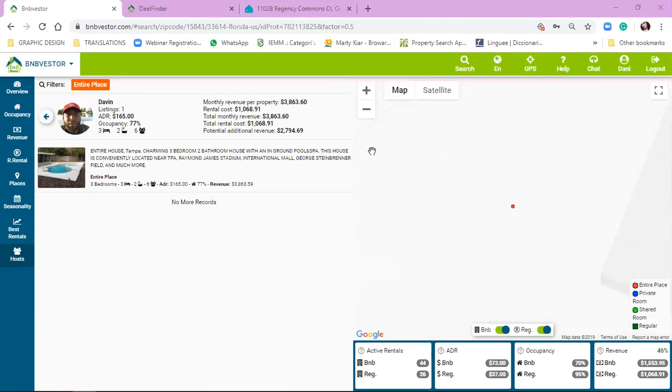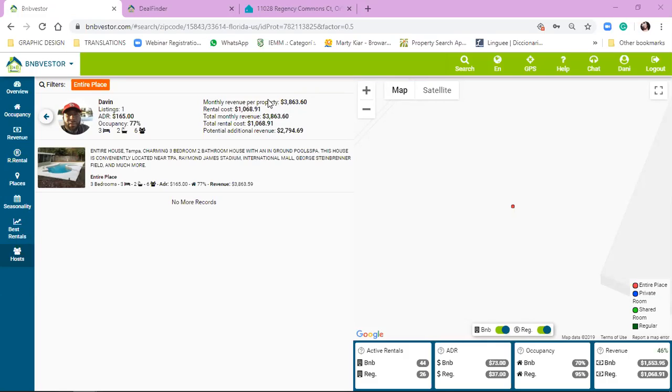We have several examples there in line. So David has an average daily rate of $165, an occupancy of 77%. His property has 3 beds, 2 bath, and is up for 6 guests, with a monthly revenue per property of $3,800.